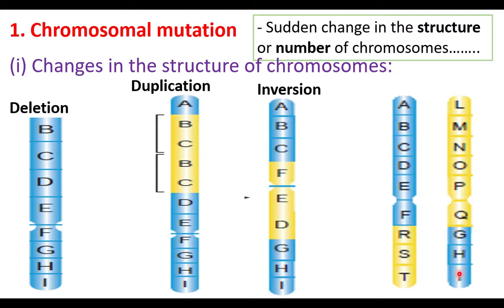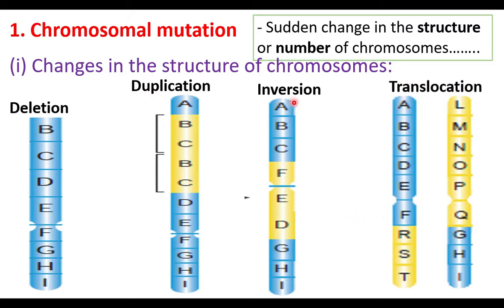G, H, I is exchanged with R, S, T. This type of exchange of genes between chromosomes is called translocation.